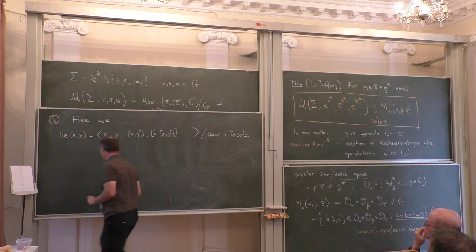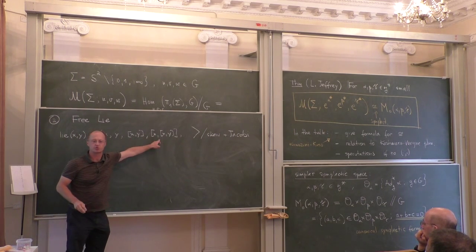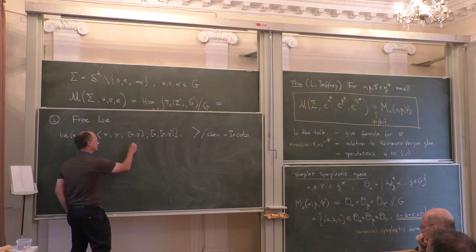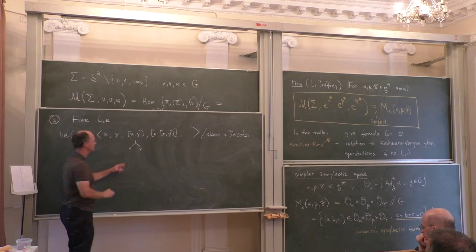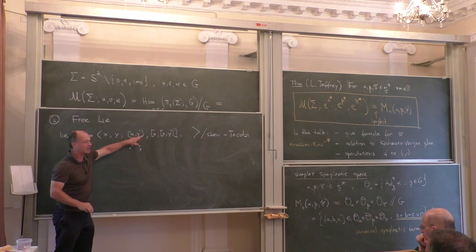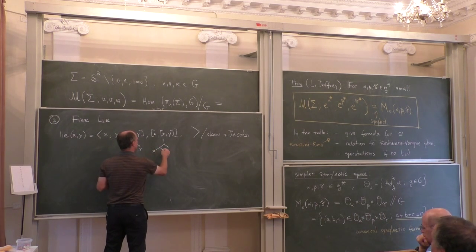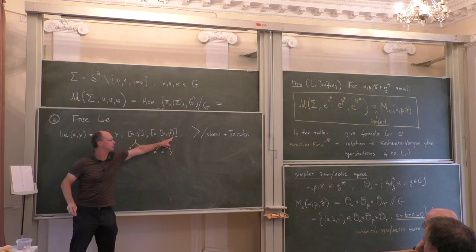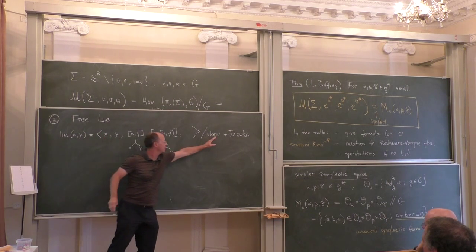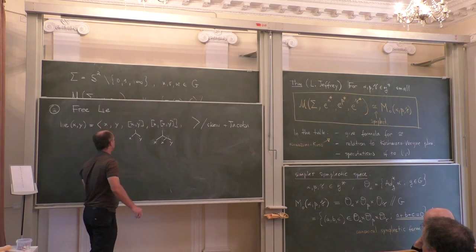In fact, perhaps for us today, it might be useful also to have drawings. So you can have drawings for elements of a free Lie algebra in terms of planar rooted trees. For instance, such a tree would correspond to a bracket of x and y, and such a tree would correspond to this double bracket. With obvious rules, and also you would need a diagrammatic version of skew symmetry and the Jacobi identity.